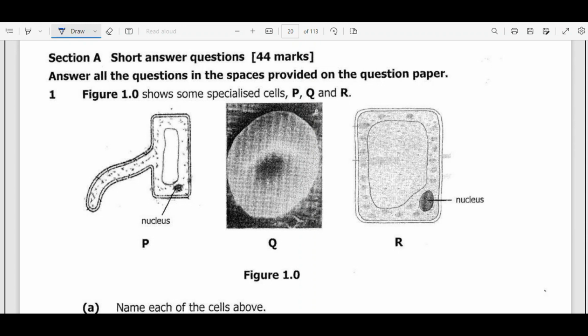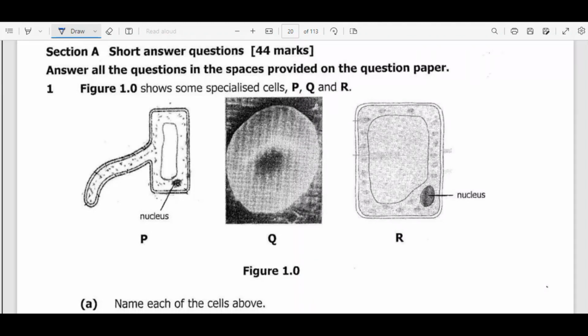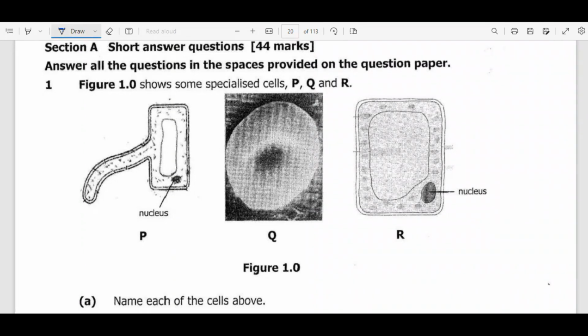Number one, this one, which is P. P is a very easy cell which any person can identify, because of this elongation here. The elongation tells us that we have a cell called the root hair cell.